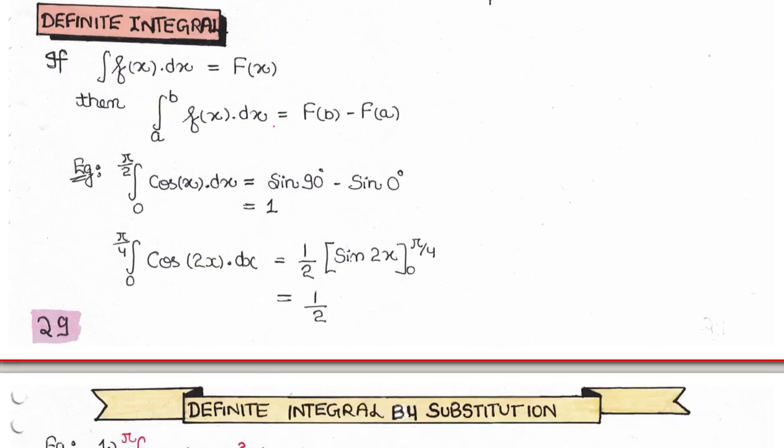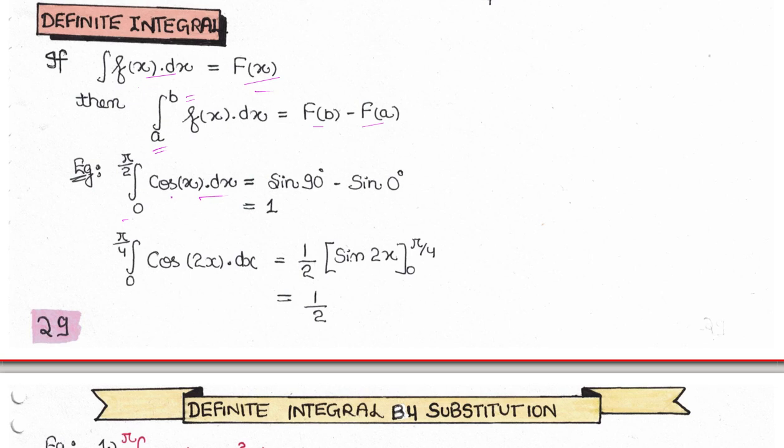Now, what is a definite integral? If the integration of f(x) dx is equal to F(x), then the integration of f(x) dx with lower limit a and upper limit b, we can write F(b) minus F(a). Here you can see integration of cos x dx with lower limit 0 and upper limit π by 2.